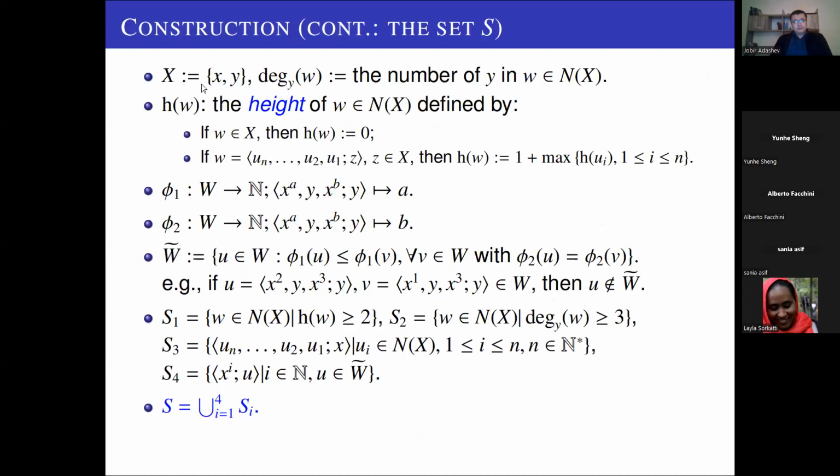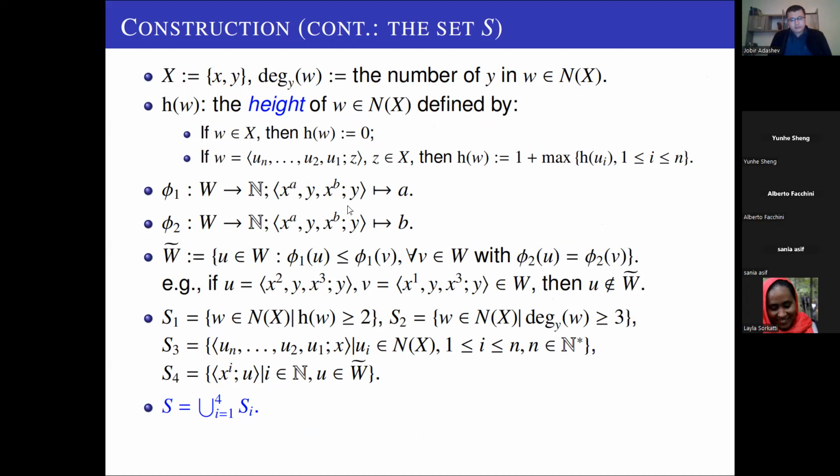As before, let X be the set {X, Y}, and we use this notation to denote the Y degree of the word W, and the height. The height of W is defined as follows: if W is a letter, then the height is 0.